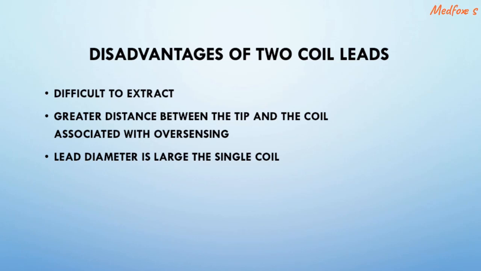The proximal coil, which is a superior vena cava coil, is often densely adherent to the SVC and may be difficult to remove. Greater distance between the tip and coil is associated with oversensing, and the lead diameter is large with a single coil.